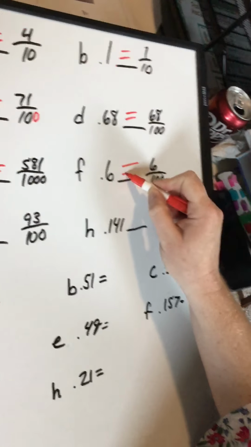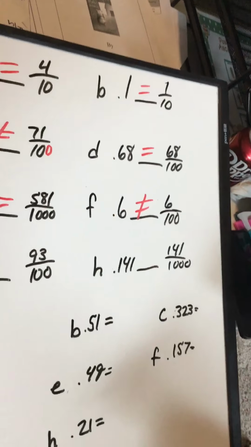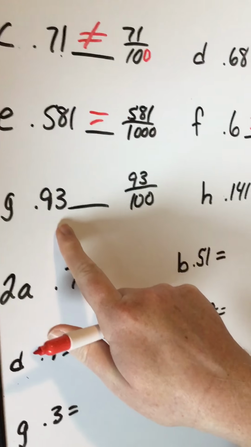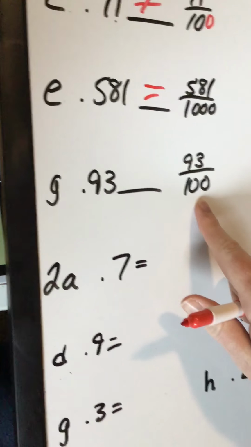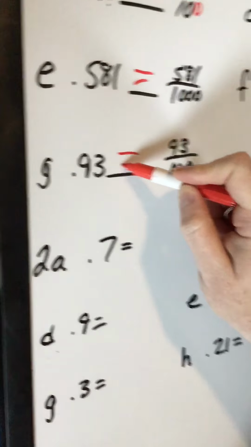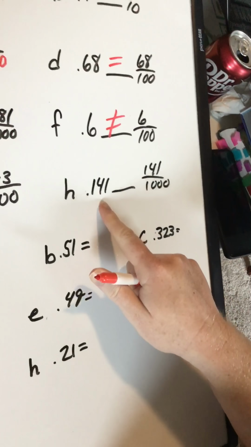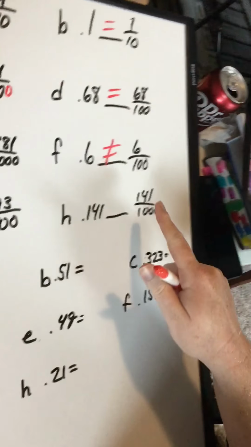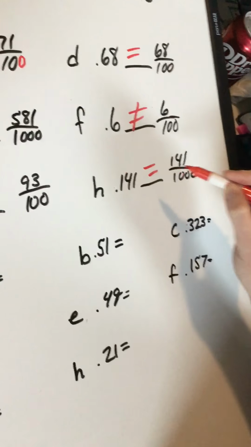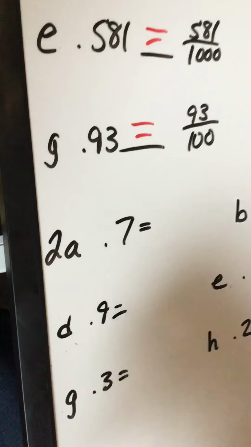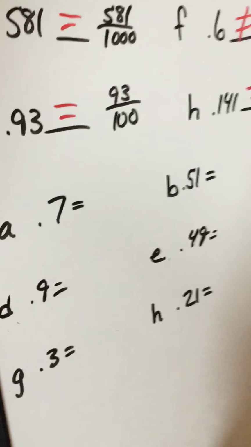No, so this is not equals. G, we have 93, 2 numbers. Do we have 2 zeros? Yes, those are equal. We have 3 numbers. Do we have 3 zeros? Yes, that is equals.